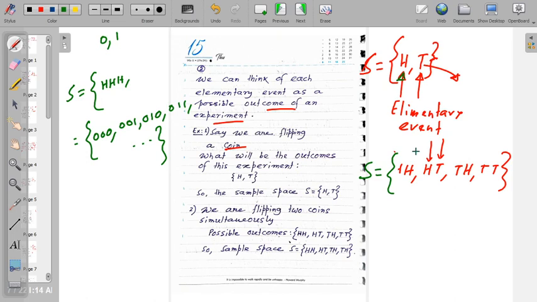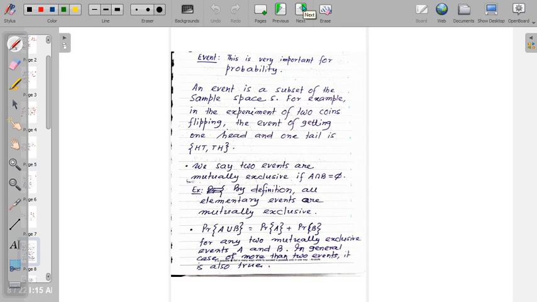Whenever there is one experiment, first of all, we have to understand what the experiment is. Where lies the randomness? Where lies the uncertainty? And then we have to figure out what the sample space is. Then we can have our life easier and move forward.